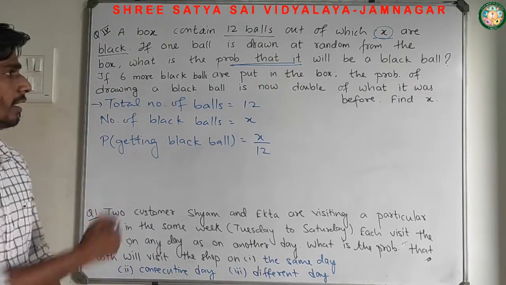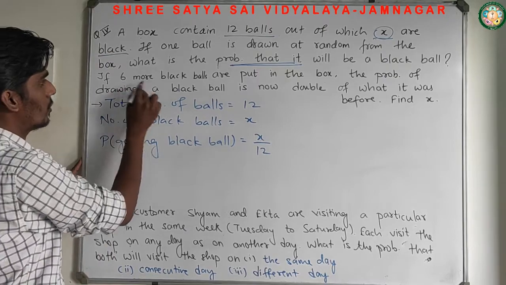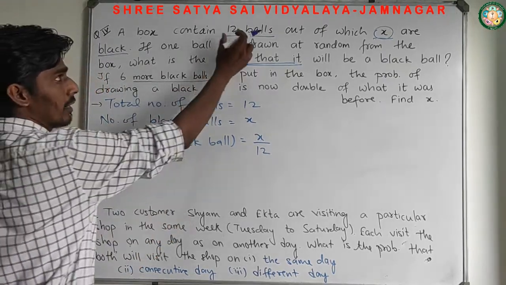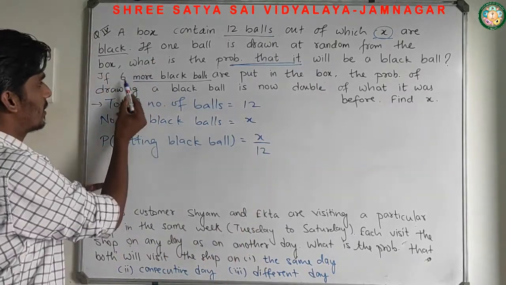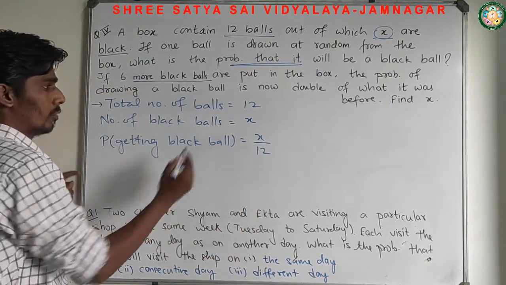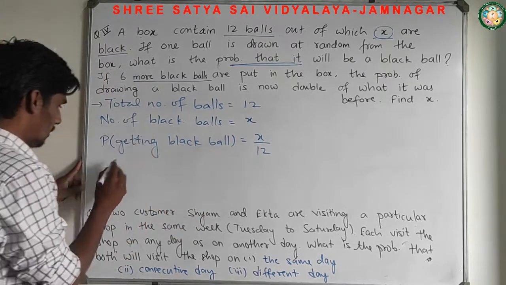It's very simple. Now the somewhat tricky thing. Now if 6 more black balls are added, initially 12 balls were there, out of which X were black. Now 6 more black balls, so initially X black balls were there, now 6 are added.